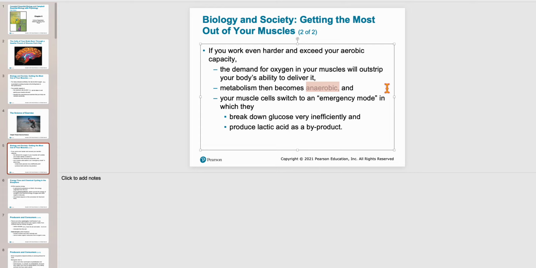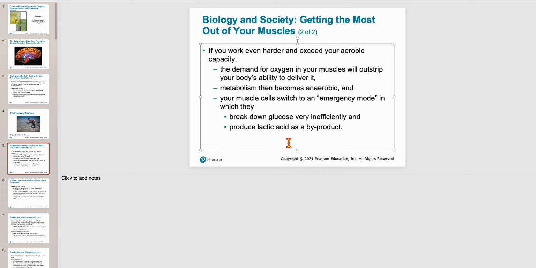When we're in anaerobic, we're not producing the usual products. Instead, we're producing a byproduct we don't like, and that is lactic acid. As you can see by the slide, it's a very inefficient process.